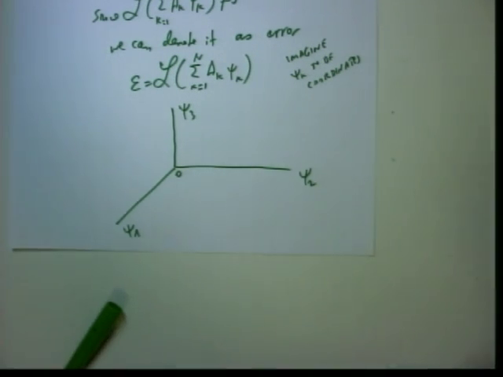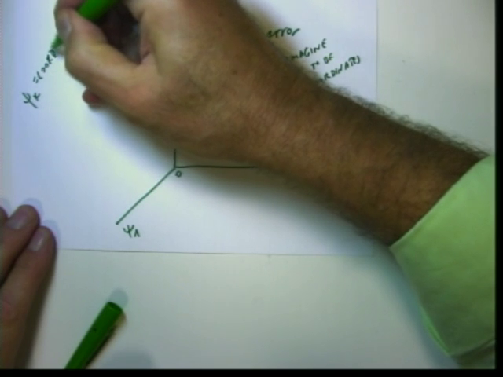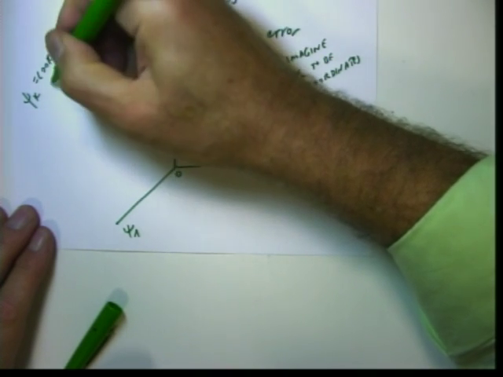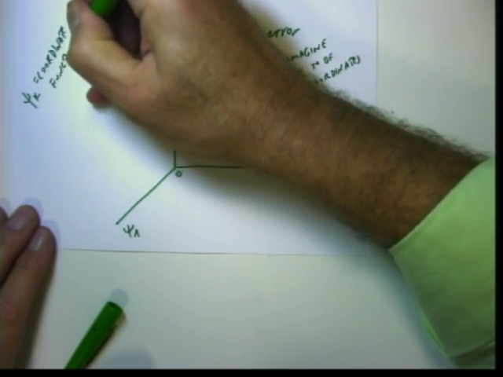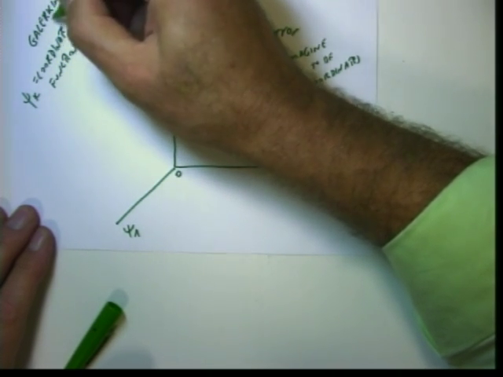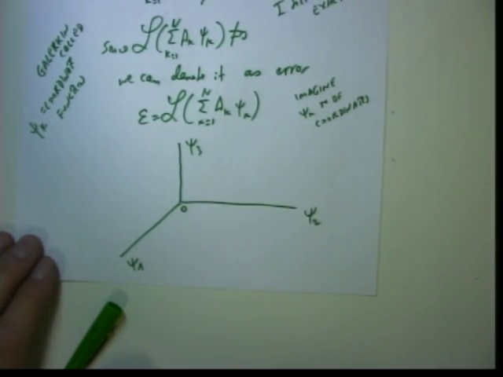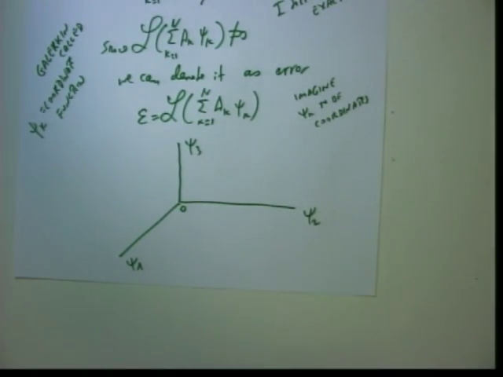By the way, psi_k is called a coordinate function. That is how Galerkin called them.